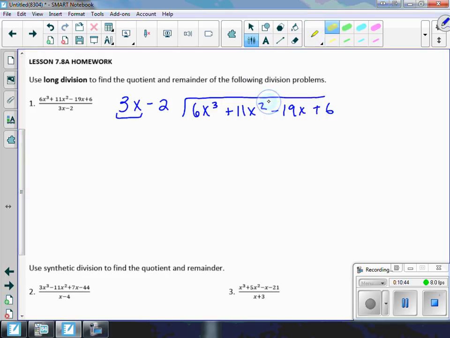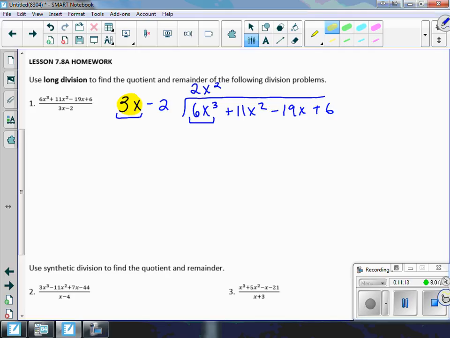This is your all-star, this term. And your goal is to figure out, what do I multiply this term by to get 6x cubed? Stop and think about, what do you multiply 3x by in order to get 6x cubed?